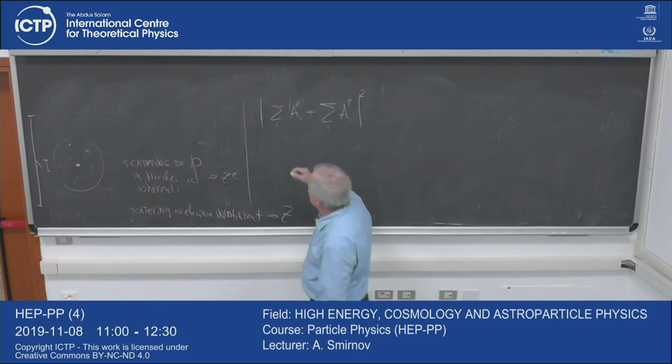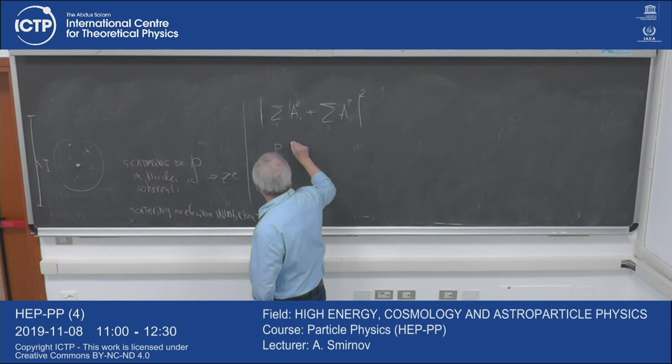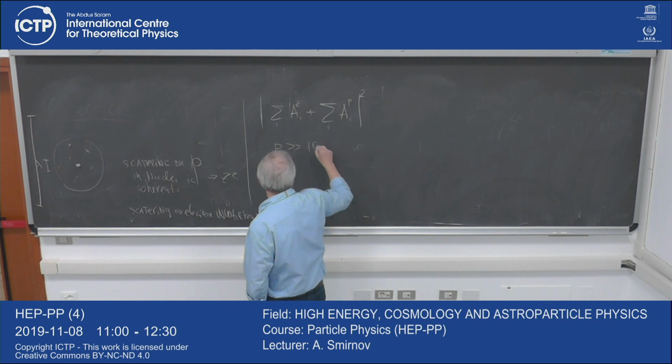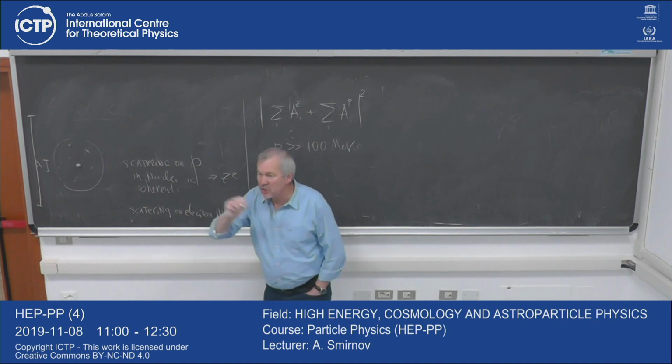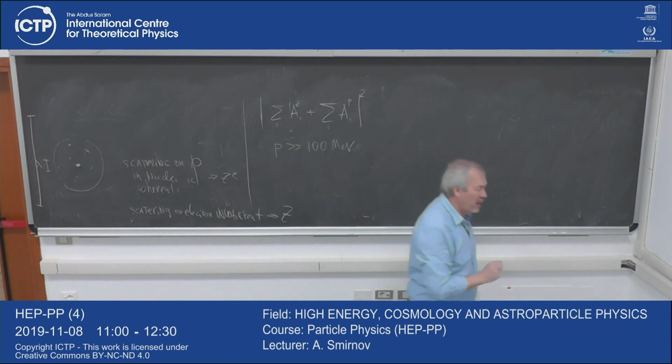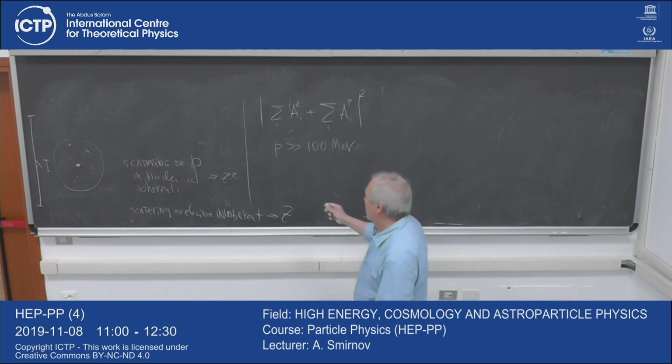Well, now my question is, what will happen if my P is much bigger than this 100 MeV? In this opposite case, when we have very small wavelengths, or big momentum of incoming particles, what will happen? The nuclear scattering will be incoherent.